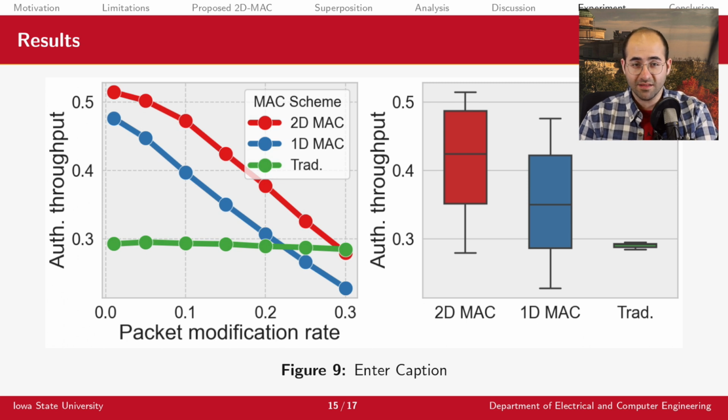Traditional MAC performs best at packet modification rates of more than 30%, confirming the analytical results. Overall, the experiments line up very well with our theoretical modeling. Two-dimensional structure yields significant authenticated throughput gains in lossy wireless environments.